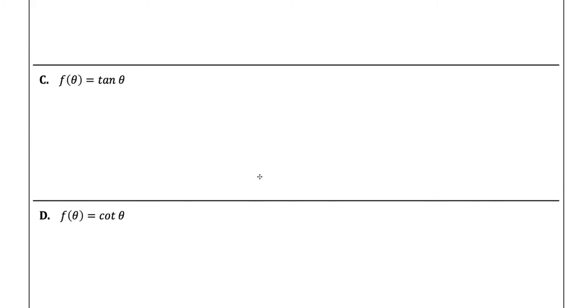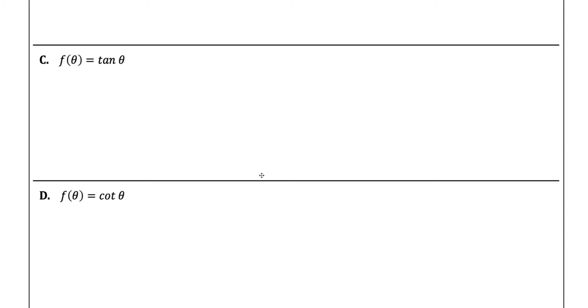Tangent and cotangent are different because the fraction you create doesn't have 1. So let's do tangent together. I just told you the derivative was secant squared, like 3 sections ago. I think that was when we did power rule. You learned sine, cosine, tangent.